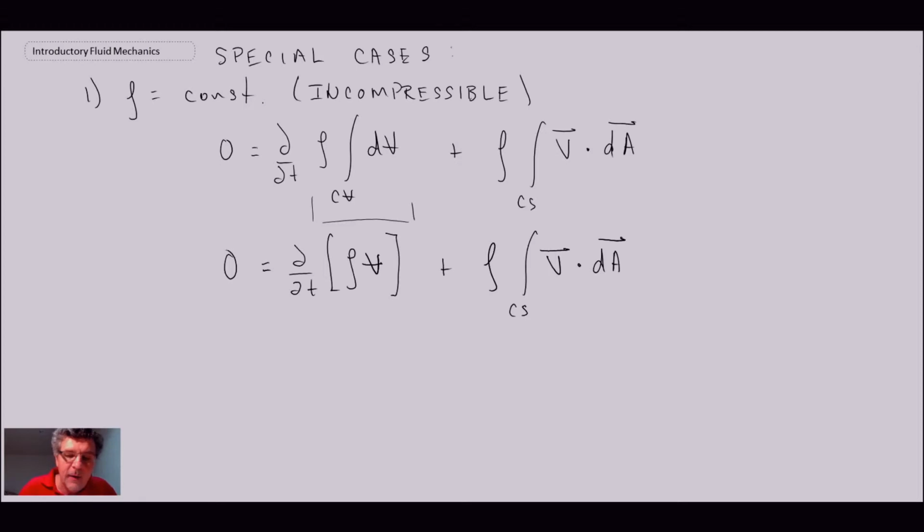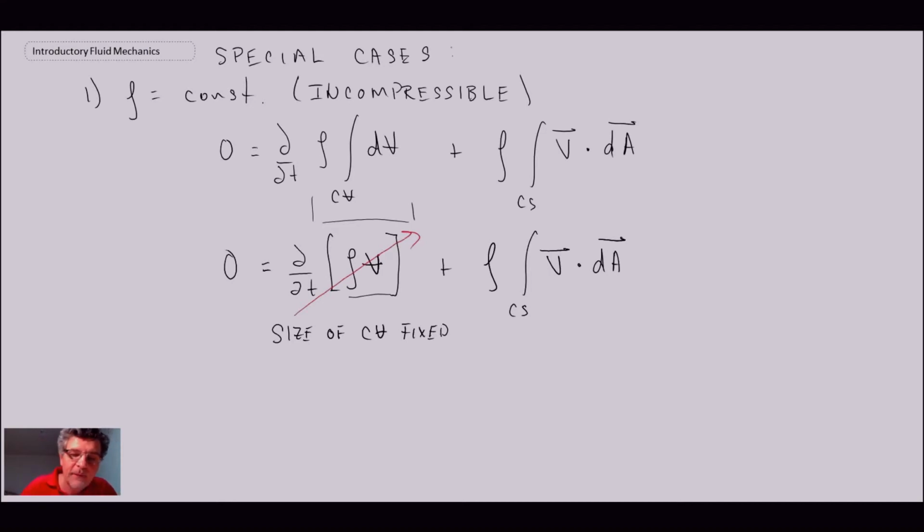Now, the time rate of change of density times the volume: we said it's incompressible, so rho is not changing, and our control volume is not changing, so this term actually disappears, because the size of the control volume is fixed.